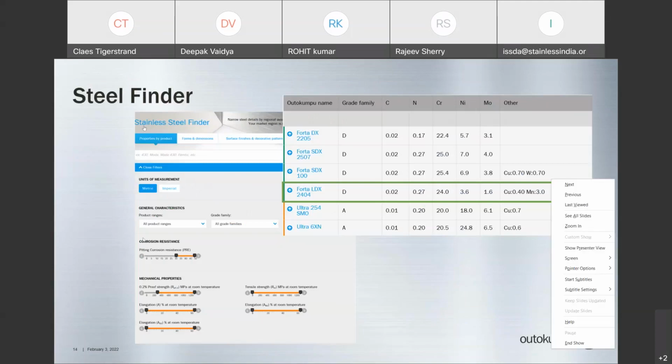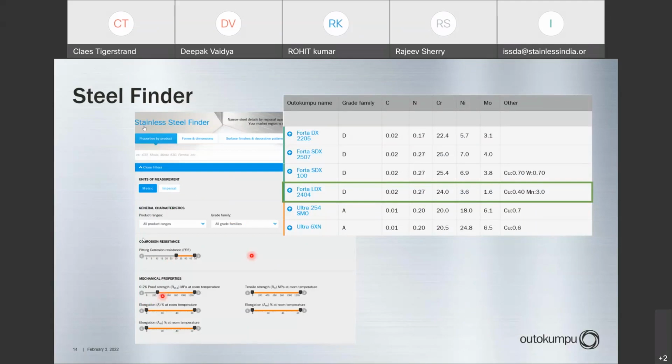For instance, if you want a PRE above 30 and a strength above 300 MPa, it filters down to the grades that fulfill those criteria. And if we are interested in the duplex grade Forta LDX 2404, we can click here and it's possible to download a data sheet for that specific grade.